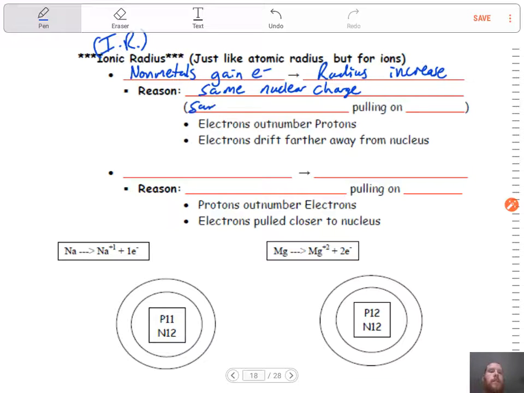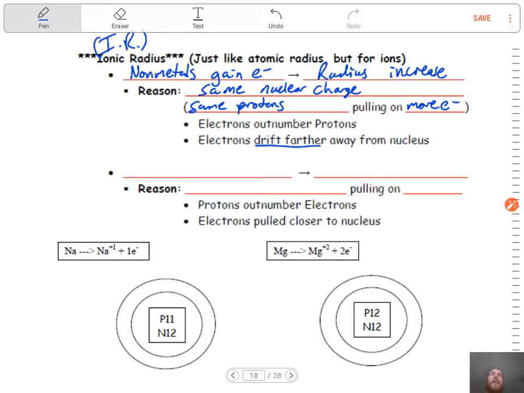So same protons pulling on more electrons. Think about it, it's a battle. You've got positive and negative charges. If you have the same number of positive charges and then you add other negatives, they can't even out. So the electrons outnumber the protons. Therefore, the electrons will drift farther away from the nucleus. They start to spread out more.